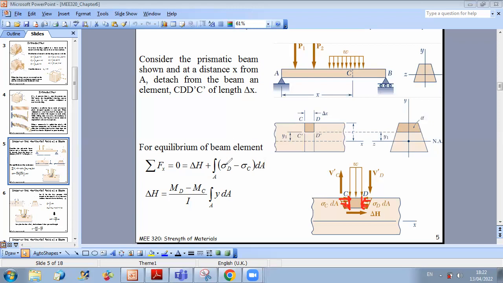I will integrate at this face sigma D and at this face sigma C. Because sigma here is represented as compression stresses, the value of sigma is already negative. This is why I just did plus the integral of sigma D minus sigma C dA.